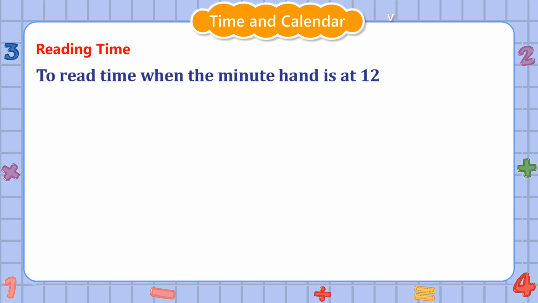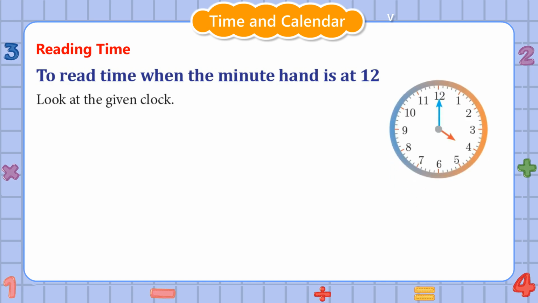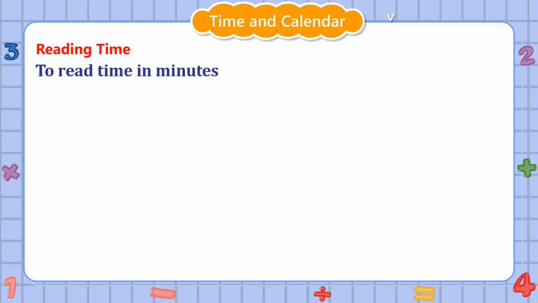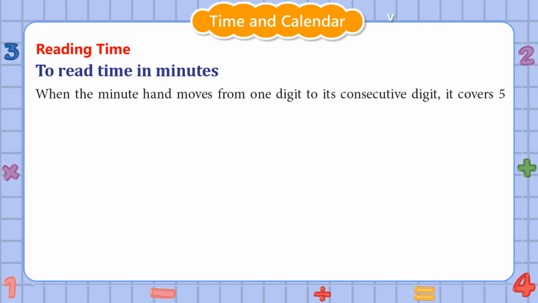Reading time. To read time when the minute hand is at 12, look at the given clock. The hour hand is at 4 and the minute hand is at 12. We read it as 4 o'clock or 4:00. To read time in minutes, when the minute hand moves from one digit to its consecutive digit, it covers 5 minutes between the digits.